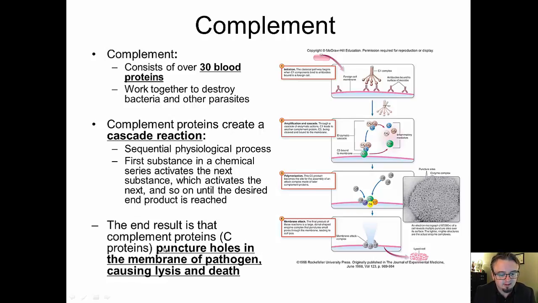Pretty interesting stuff, actually. But ultimately, the end result here is that it punctures holes in the membrane, and that causes lysis, popping or rupturing of the cell, pathogen, and death. So this takes place after you've been exposed to a microbe, but it's considered non-specific because these complement proteins will typically bind to just any kind of antibody here that has tagged a microbe.